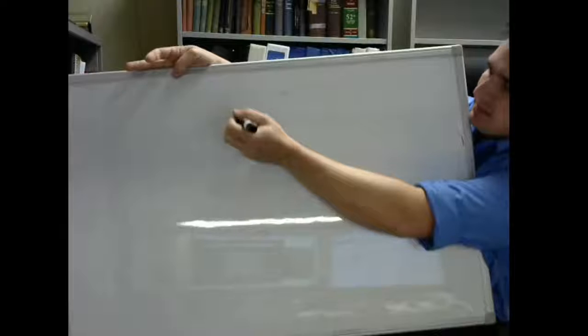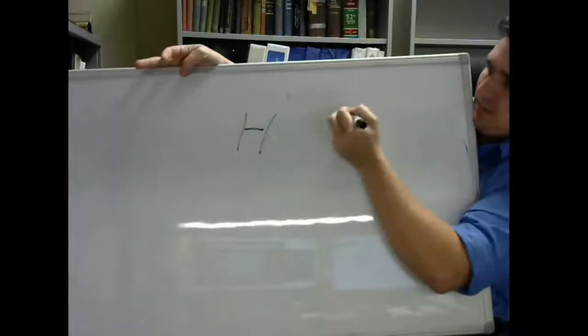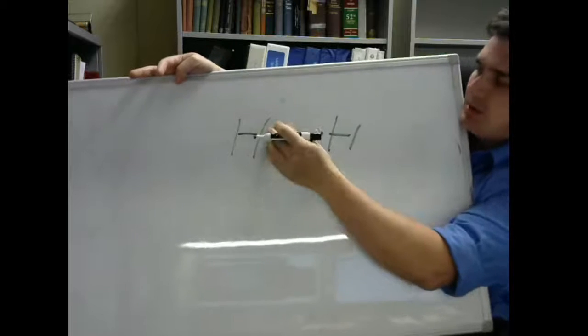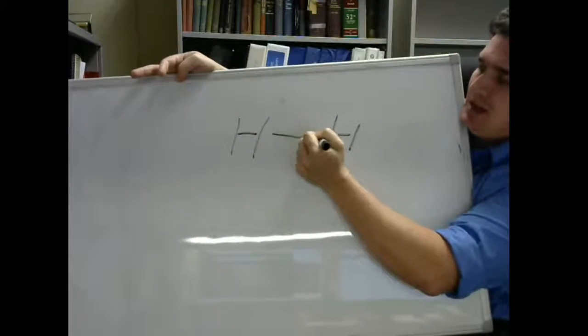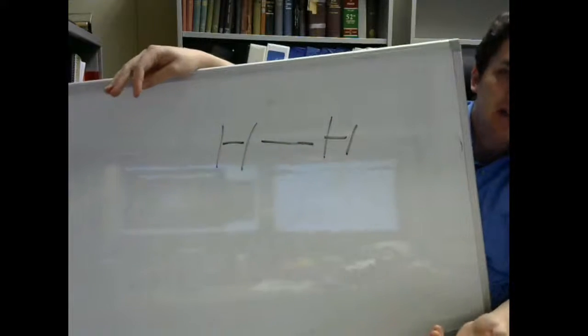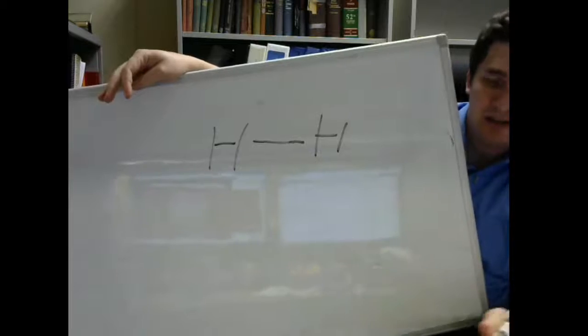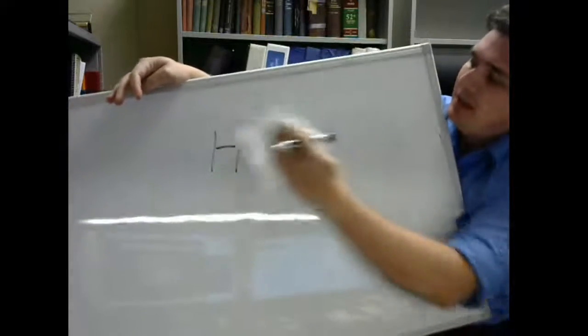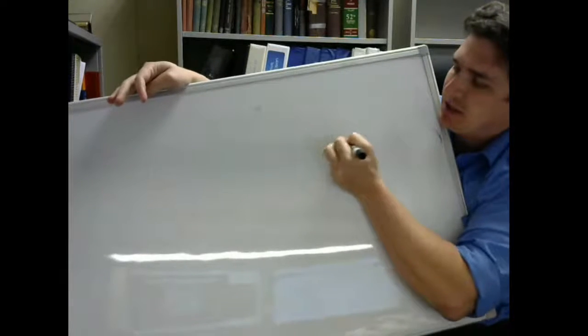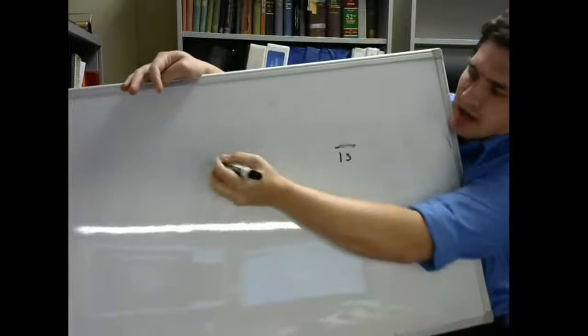If you look at Lewis theory, and we have two hydrogen atoms, we draw an electron, and we combine the two of them, and we say we formed a bond. But there's nothing in here that predicts anything other than just this bond, and it also doesn't tell you anything about the shape of that bond. It just says that there is a bond. So that's Lewis theory. Molecular orbital theory says, well, actually, each hydrogen atom contains a 1s orbital.